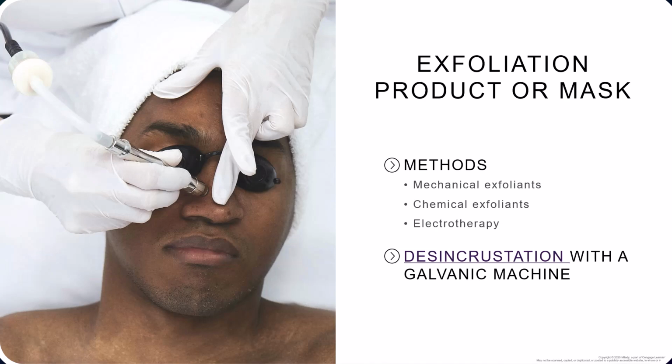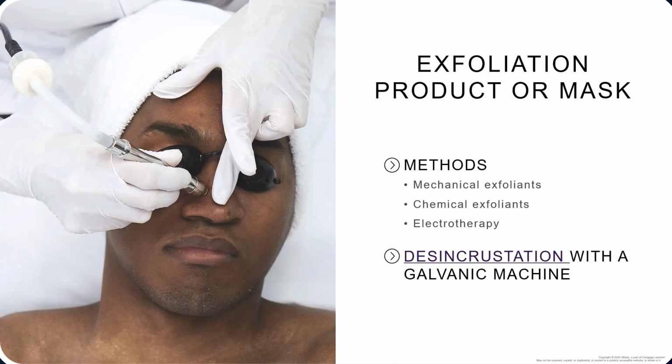And then the next step would be exfoliating. So exfoliating a product or a mask, because exfoliation is going to help make the skin smoother. It also helps product penetration by unblocking the surface and promotes stimulation, which is going to increase the cell turnover rate.